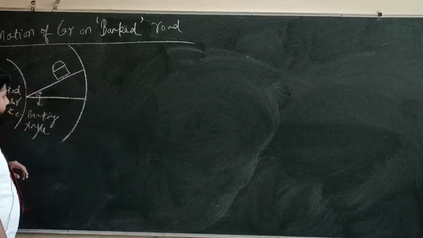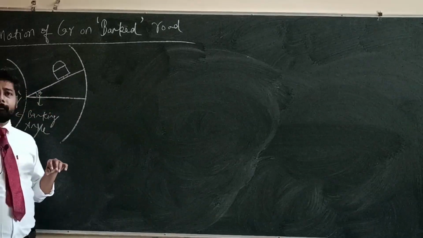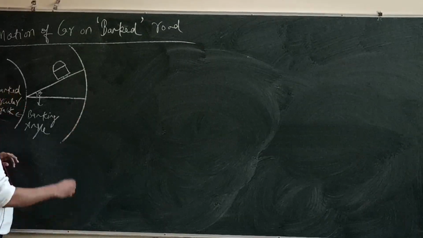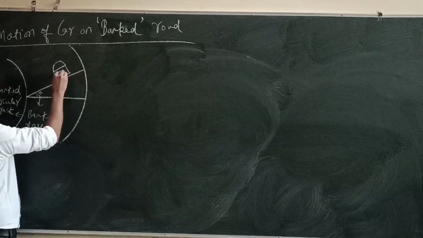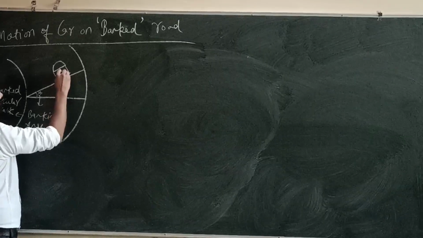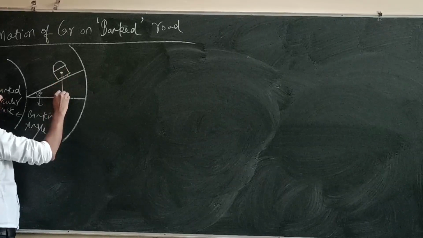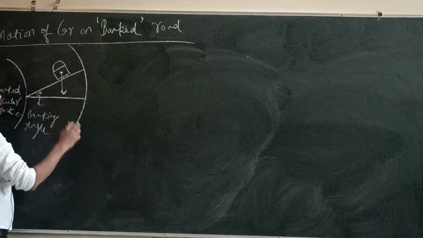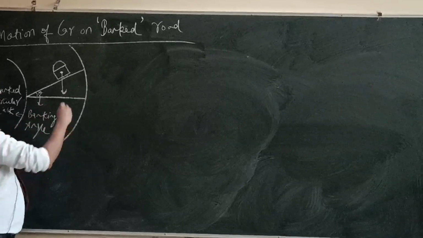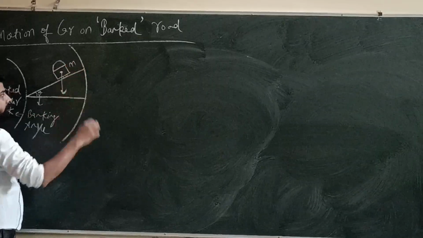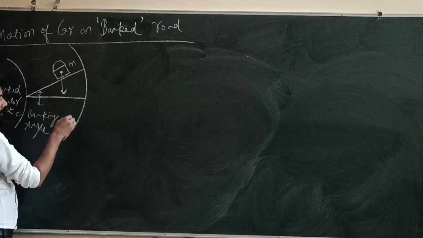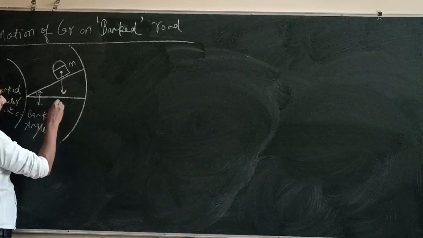First of all we will consider the forces that act on the body. This is the body of mass m. Then the weight of the body acts towards the earth, that is mg.